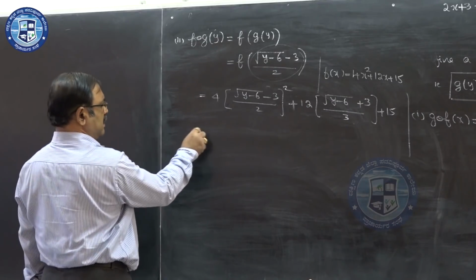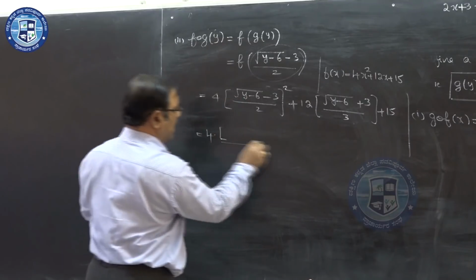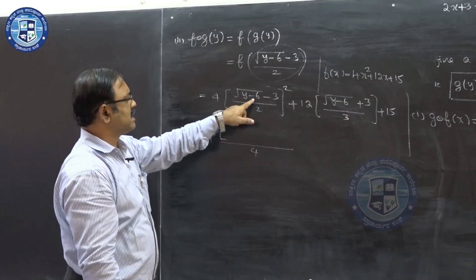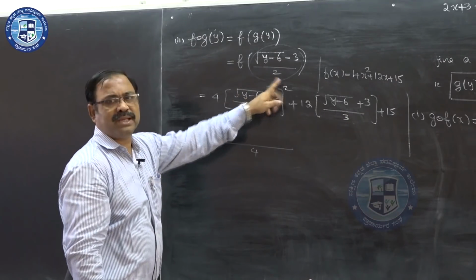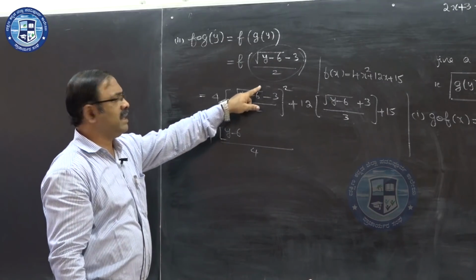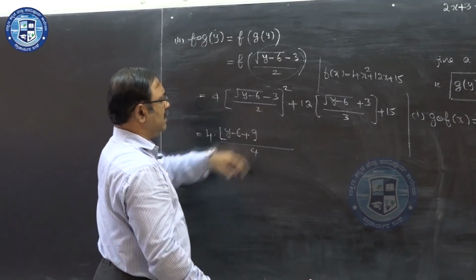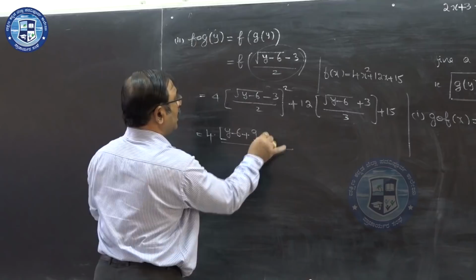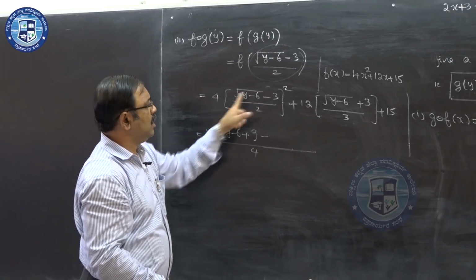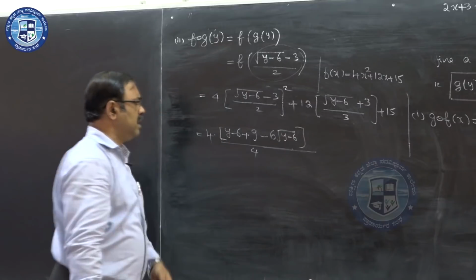Now we can write, this is 4, denominator anyhow 4. Why? 2 square, 4. Now this is, see, a minus b square. A square means root y minus 6 square, plus b square 9, minus 2ab, 2 into 3, 6 into root y minus 6.